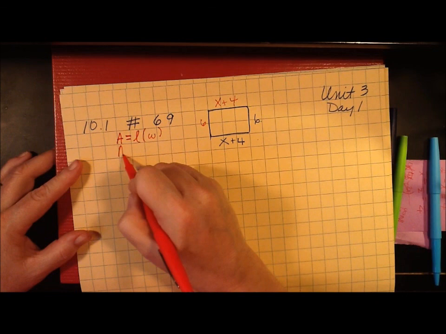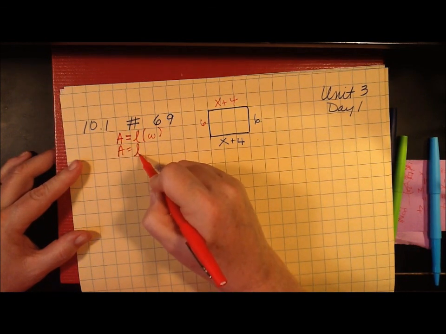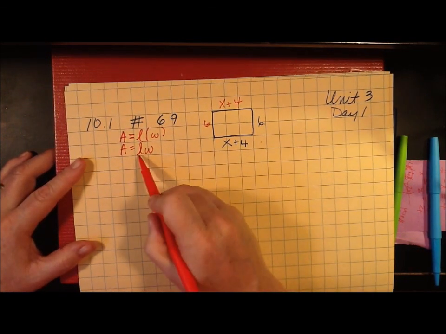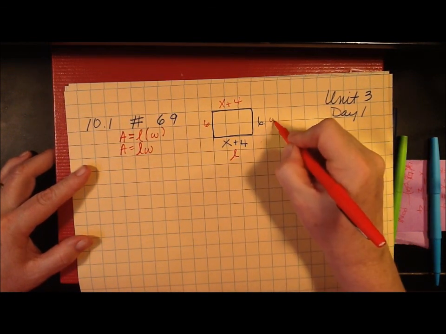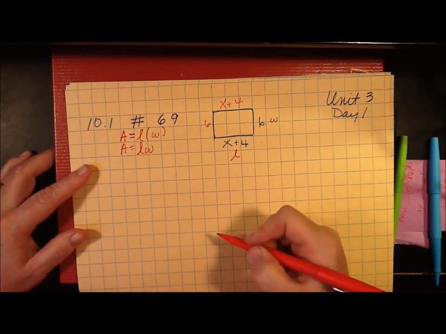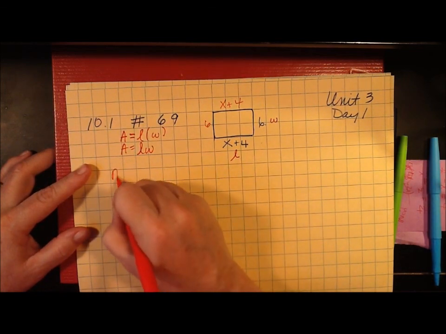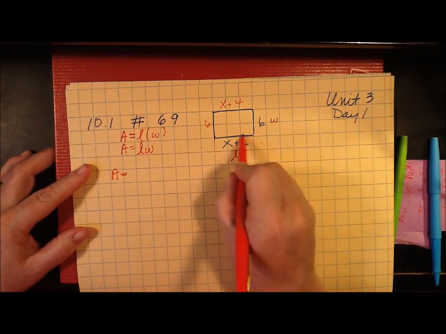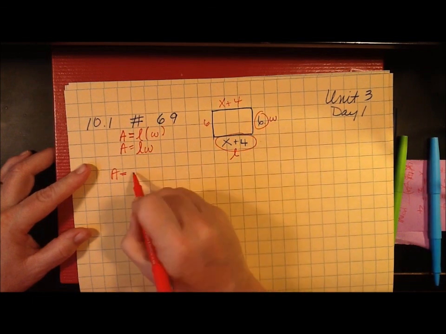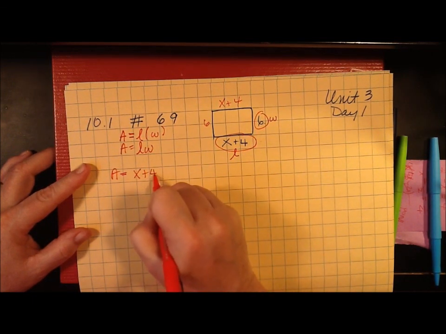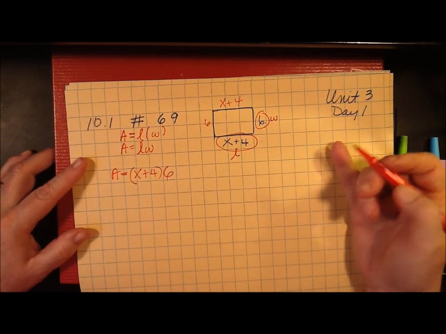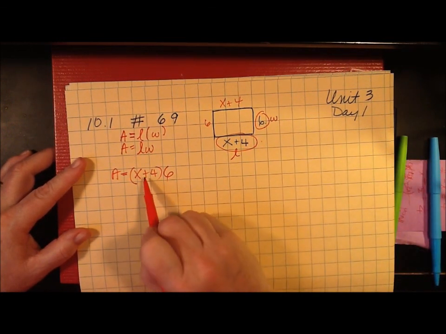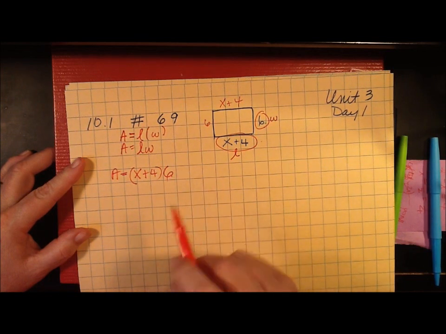And in algebra land, we write those letters right next to each other. That tells me length times width. So if this is the length and this is the width, we could write this as area equals this side times this side. So here's x plus 4 times 6. There's the length, there's the width.